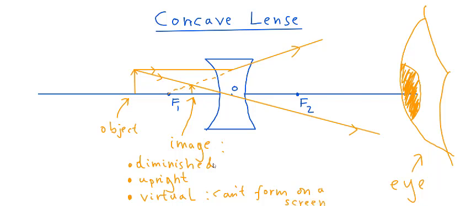This is in contrast to, as you may recall from the convex lens, a real image. For a real image, you can form the image on a screen.